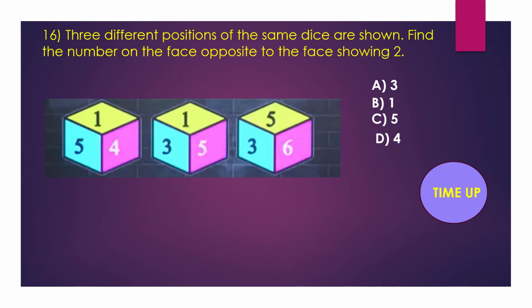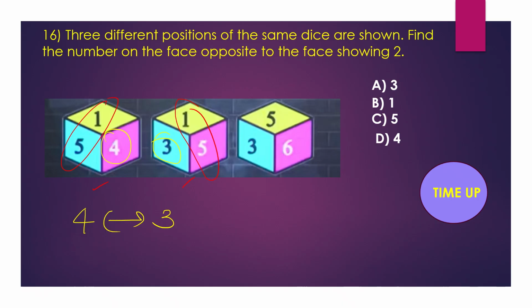In the first two figures, 1 and 5 are common, correct? So what is left? 4 and 3 are left. So 4 का opposite क्या हो गया? 3 हो गया.